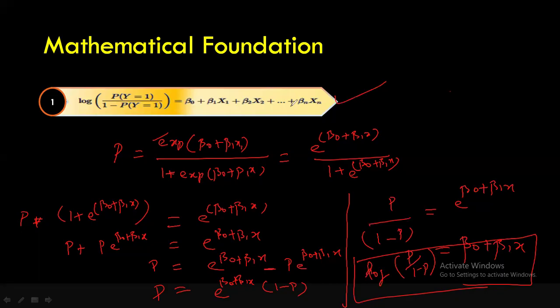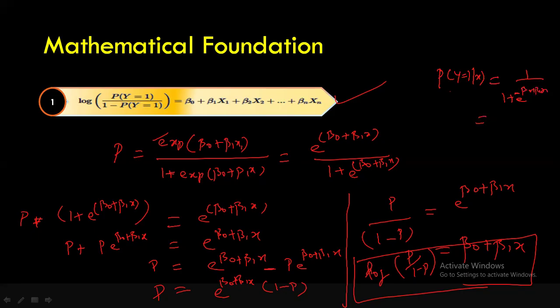Yesterday I did it a different way. That is the one that will help us land on the sigmoid function. Okay, what is the sigmoid function? This is very, very important. Please remember this. The probability of y equal to 1 given x is equivalent to 1 divided by 1 plus e to the power minus (beta naught plus beta 1x).